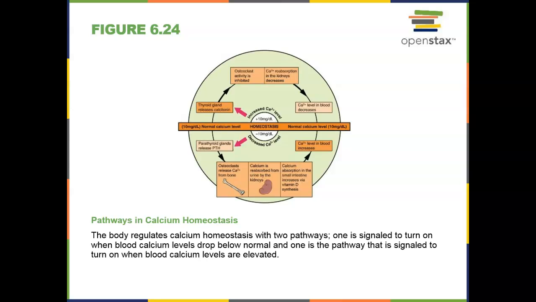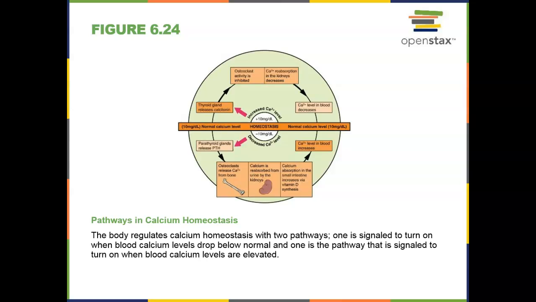When our blood calcium levels are very low, this is going to stimulate the parathyroid glands to release parathyroid hormone. Parathyroid hormone then stimulates our kidneys to produce calcitriol, the active form of vitamin D.